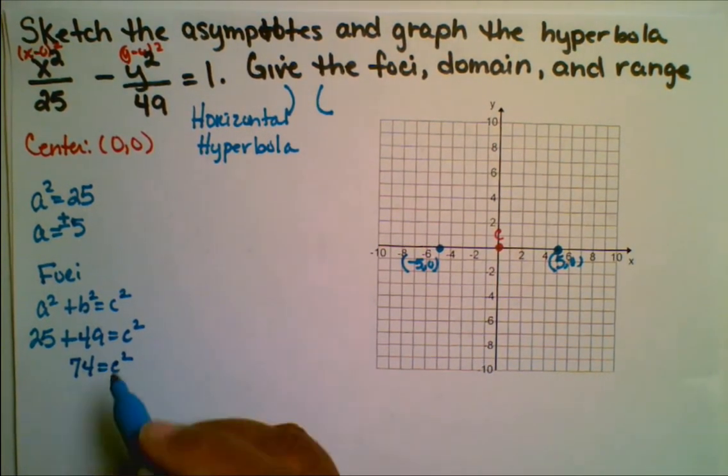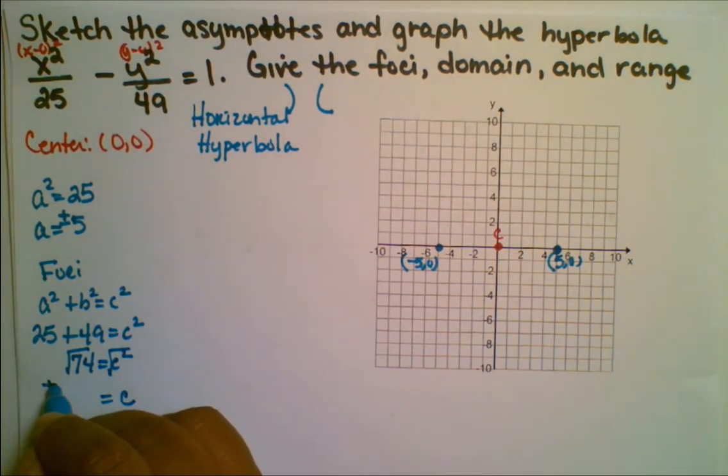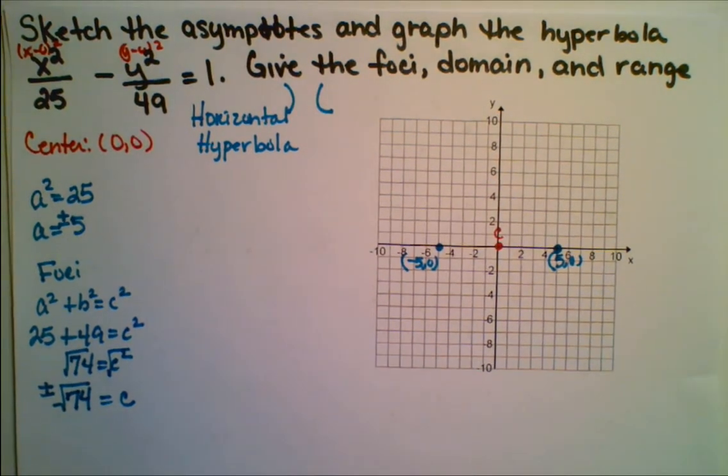And we're going to take the square root of both sides, and we have c is equal to plus or minus the square root of 74. And now remember that the foci will be on the same axis as your vertices.